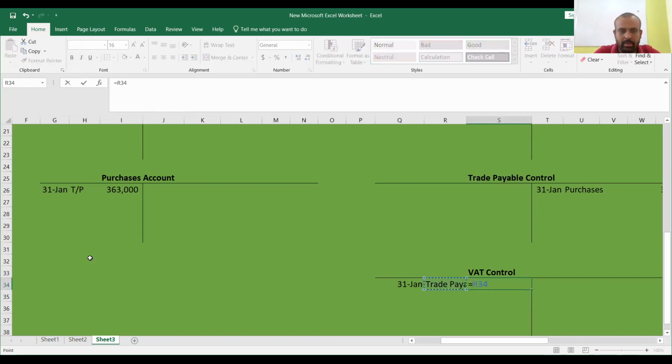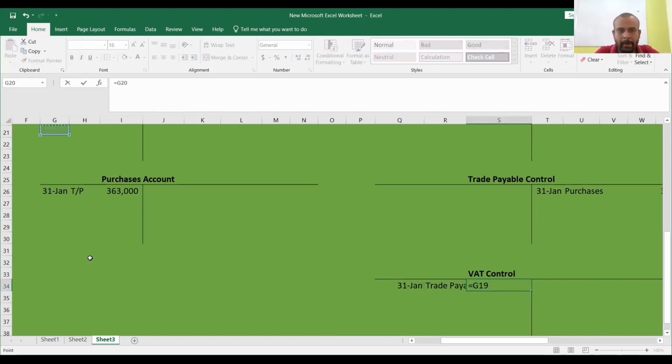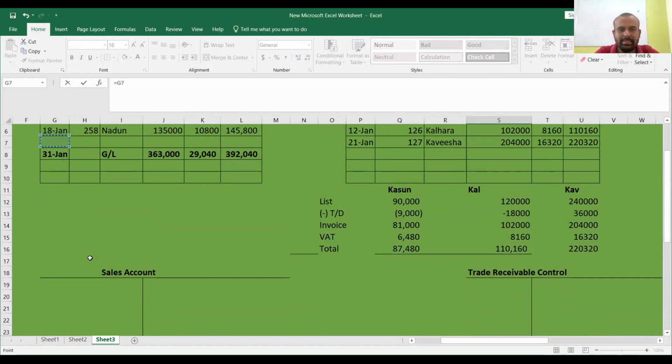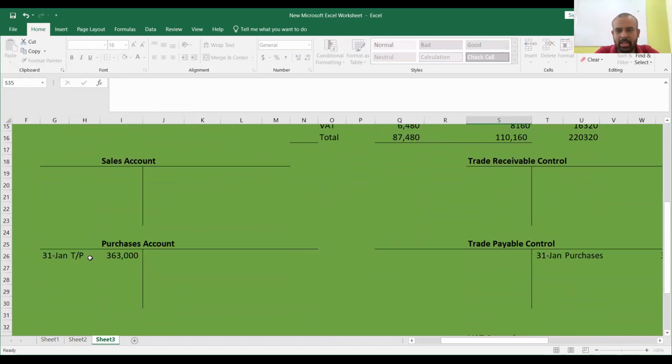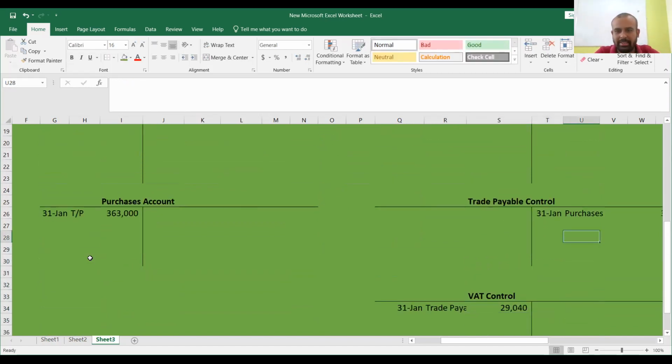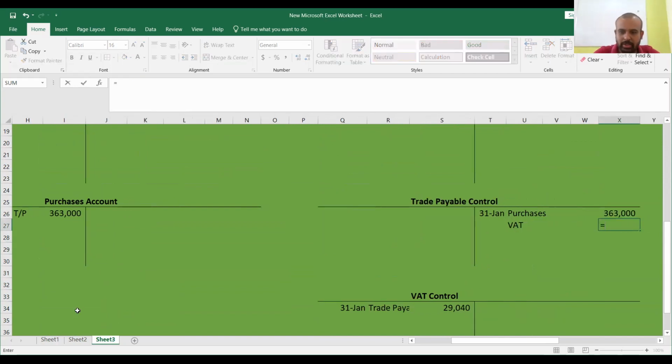The VAT control account must be debited because VAT on purchases is an asset. Keep it in your mind: VAT on purchases is an asset. This 29,040 must be paid to the supplier. The supplier account was credited by the same amount, right?